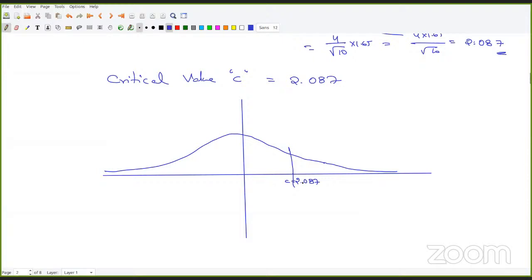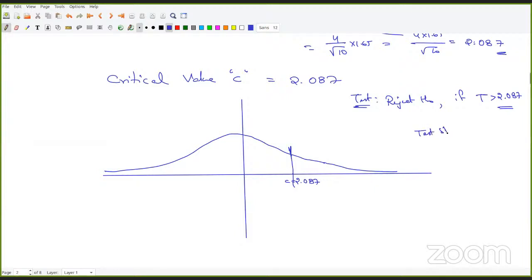Let's say C is here. What is our test? We are going to reject H0 if T is greater than C. Now that we have the C value, we can replace it with 2.087. Ultimately, after getting the critical value, our final step is to compute the test statistic.